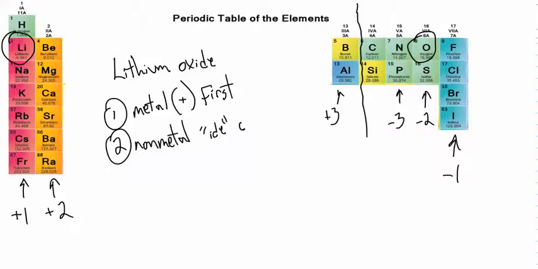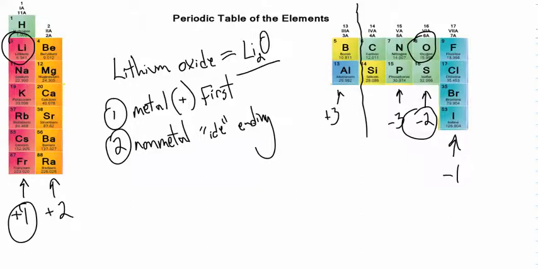Okay, and if I remember anything else here, I'll just tell you as we go. So lithium oxide. Now, what would the formula be for this? Well, lithium is +1 and oxygen is -2. That means it's going to take 2 of the lithiums to make 1 oxygen happy. So the formula is Li2O.